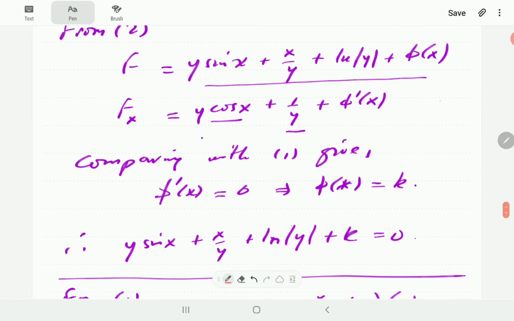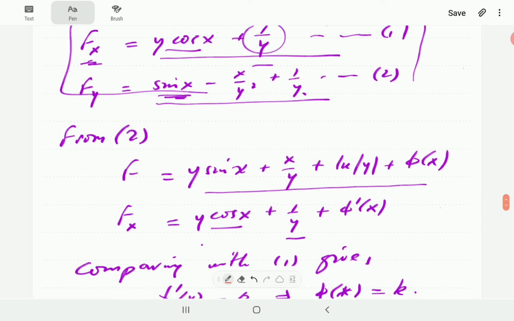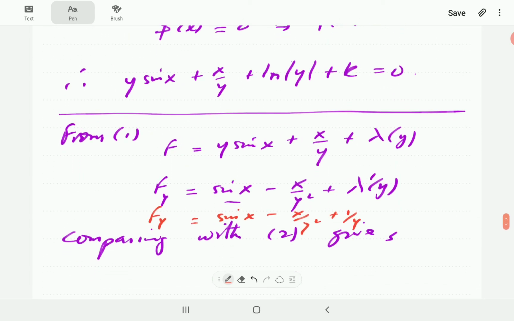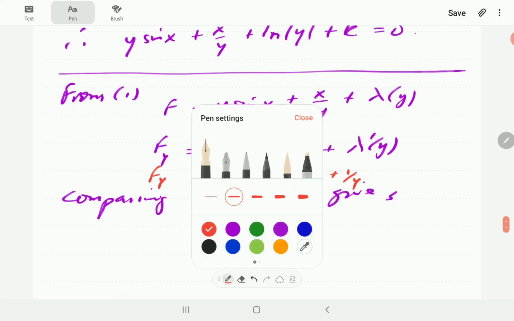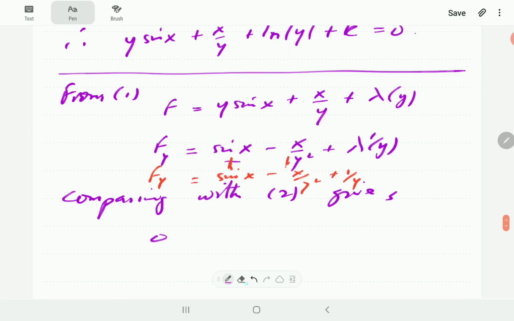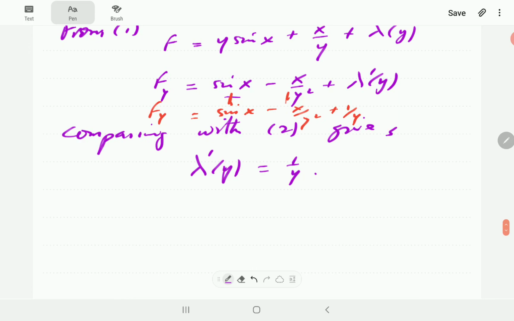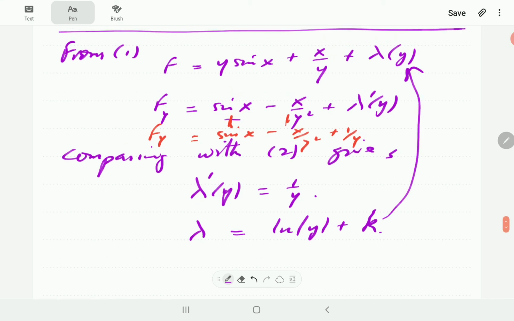So if you compare here, you can see that these two correspond, so we must have lambda prime equal to 1 over y. Then if we integrate this, it tells us that lambda is ln of magnitude of y plus a constant. Then we can take this and plug it back there, and it's going to give us exactly the same answer.